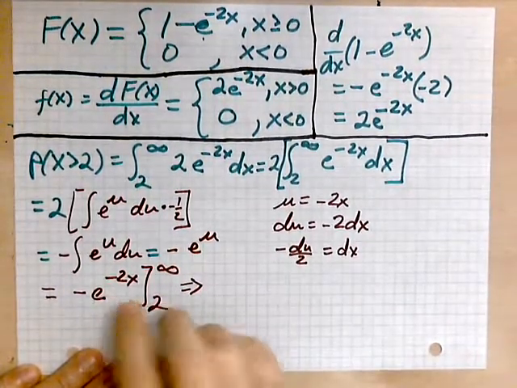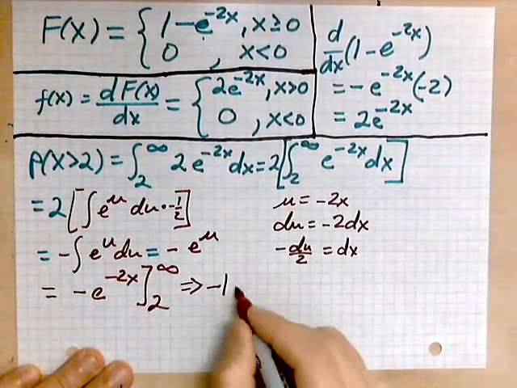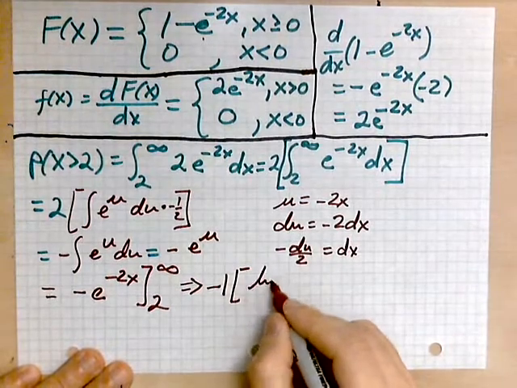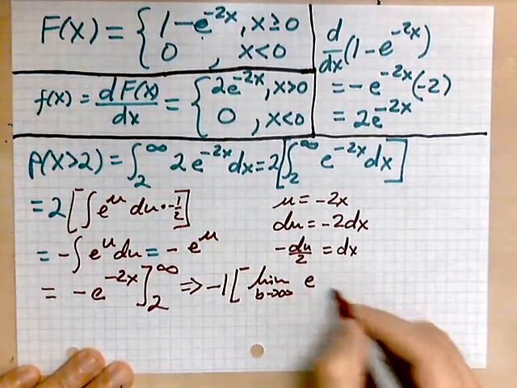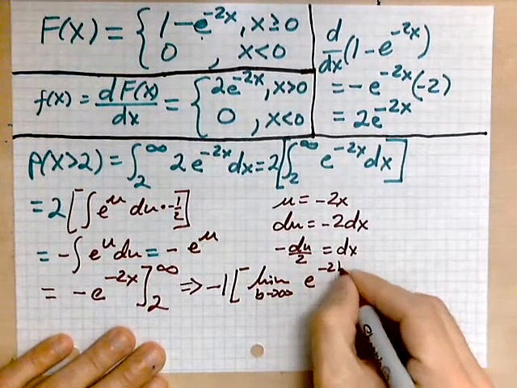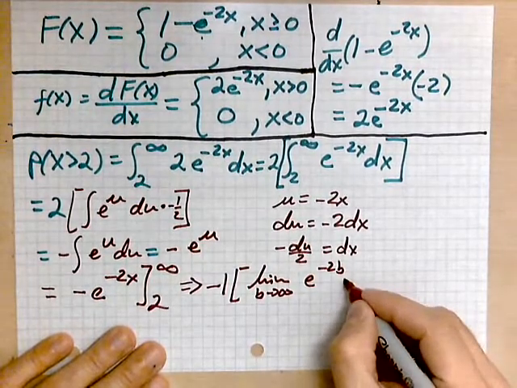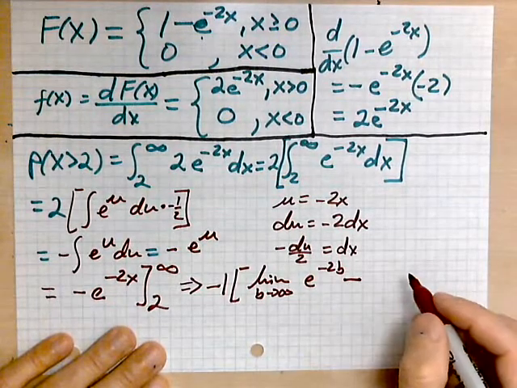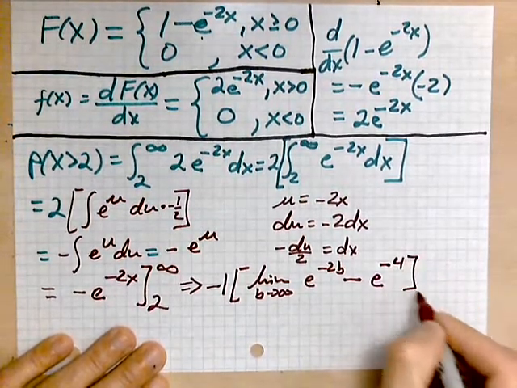To handle this, first factor out the negative 1, and all that remains is the limit as b goes to positive infinity of e to the negative 2b minus e to the negative 4.